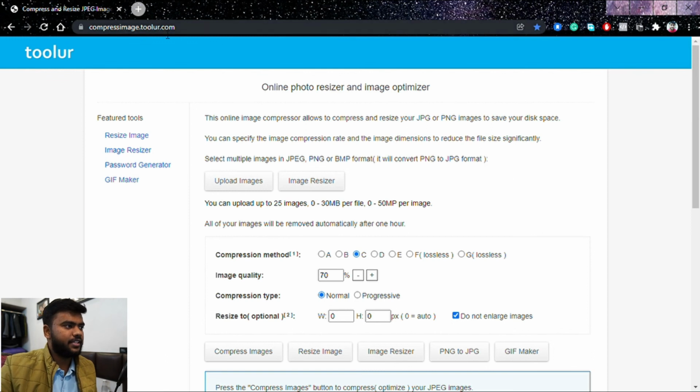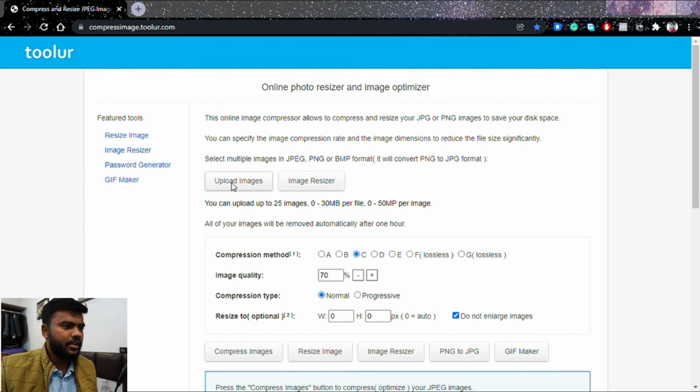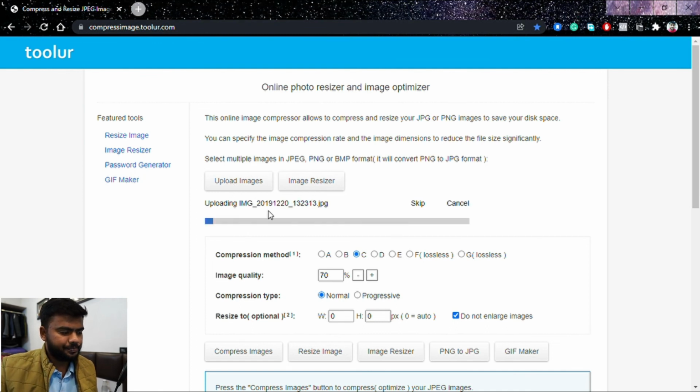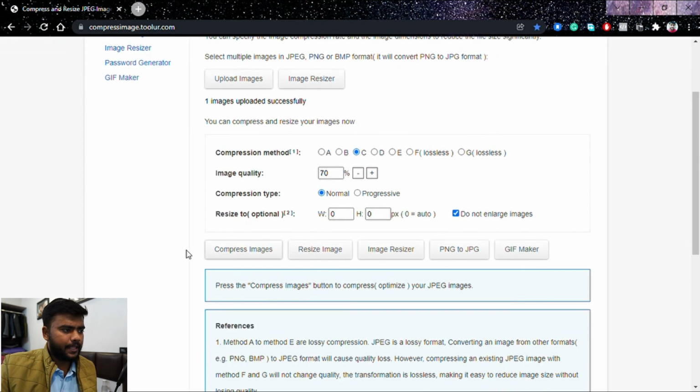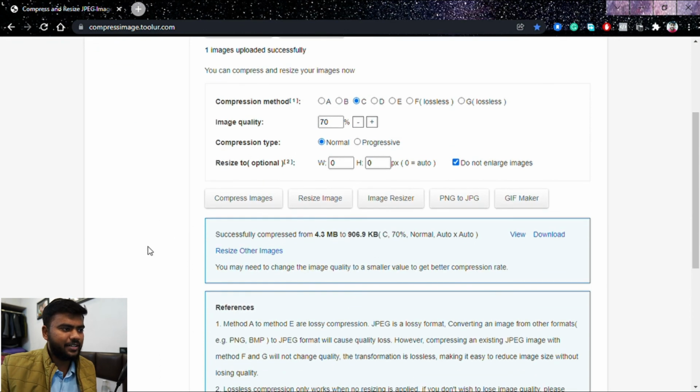Okay, so this is a website to compress the size of an image. You can find a lot of similar websites on the internet, and I am uploading this one image. Here we have put the image quality retention at 70%. That means 70% of the features will be retained and 30% of the features will be just ignored. Now we compress the image, and you can very clearly see the size has gone from 4.3 MB to just 900 KB, a huge drop in size just by applying a 30% reduction.